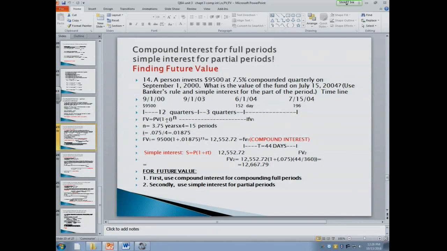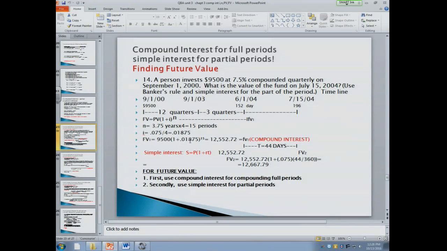Now, before we go over and withdraw it, we have to calculate with our compound interest formula a total of 15 quarters. I is 0.075 divided by 4.